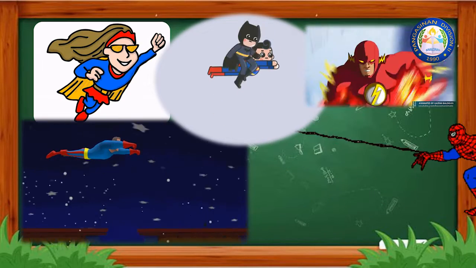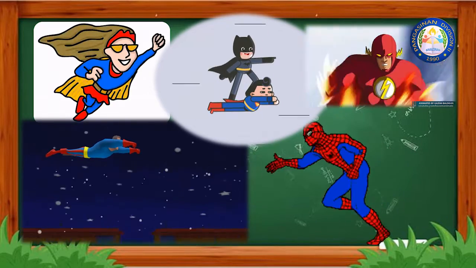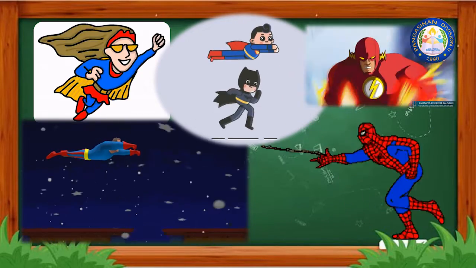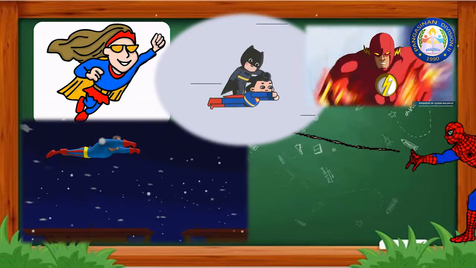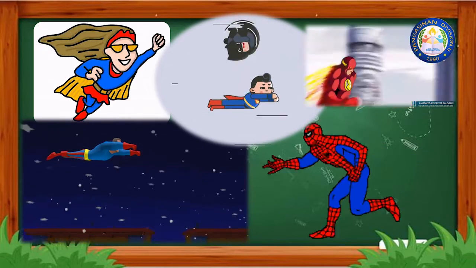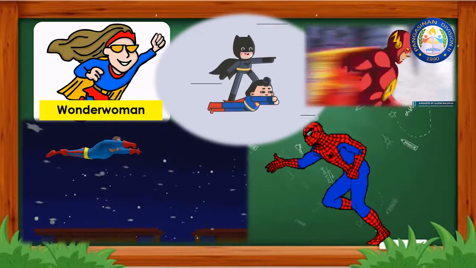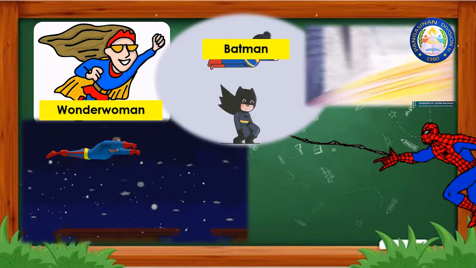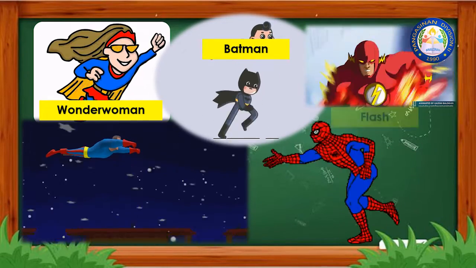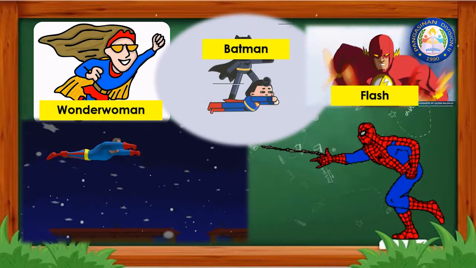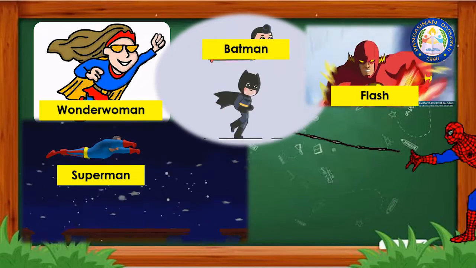Let's proceed to the next. Look into these animated pictures. Do they look familiar to you? Okay, let's name each of them. The first one is Wonder Woman. Next is Batman. The third one is Flash. Next is Superman.